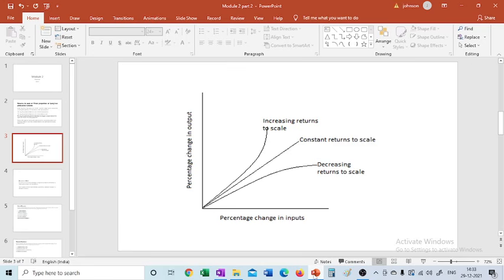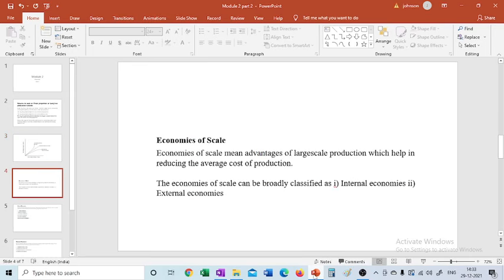Then we will see why there is increasing returns to scale, constant returns to scale, and decreasing returns to scale in the long run, when you are increasing the quantities of all the inputs in the same proportion. The reasons we will study later. Then why are we getting increasing returns to scale and decreasing returns to scale?